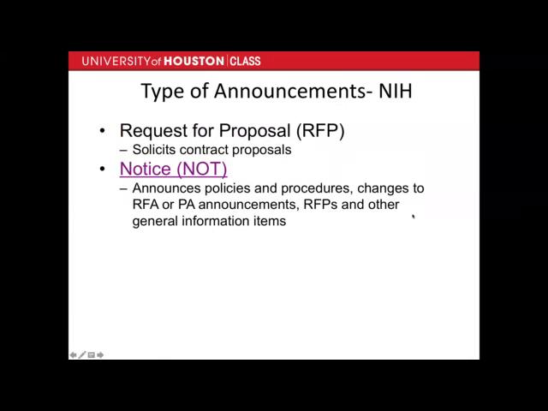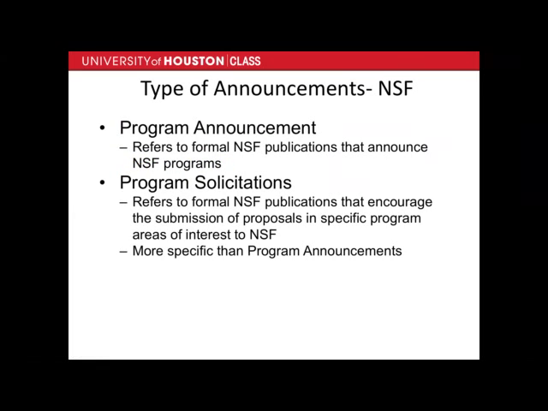And so for NSF, they have program announcements. Like I said, some of the verbiage across agencies is pretty similar, but sometimes it can be slightly different. A program announcement with NSF, which is the National Science Foundation, refers to formal NSF publications that announce NSF programs.